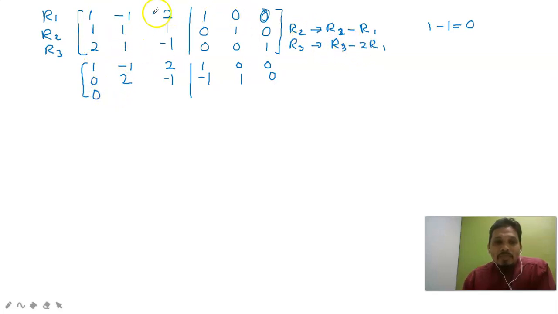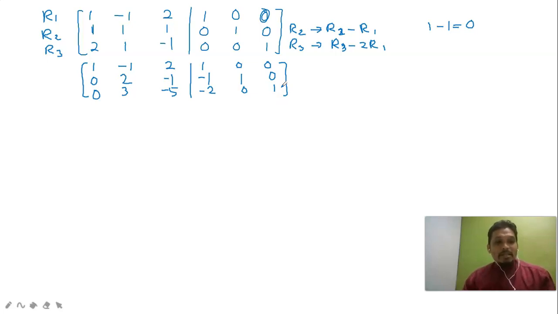Negative 2 times negative 1 equals 2, so 1 plus 2 equals 3. Negative 2 times 2, negative 4, negative 1 minus 4, negative 5. 0 minus negative 2, negative 2. 0 minus 0 equals 0. 1 minus 2 times 0, so 1 minus 0 equals 1.